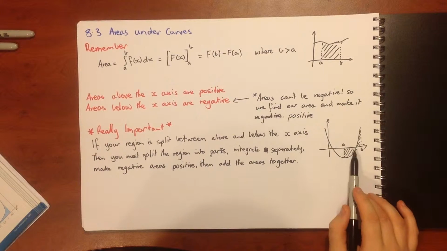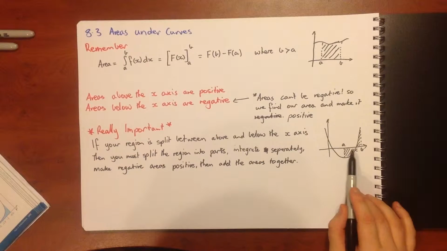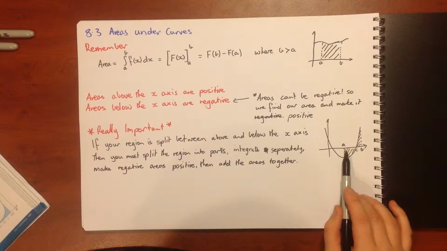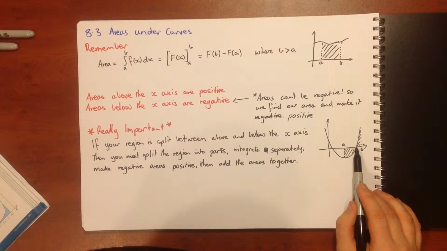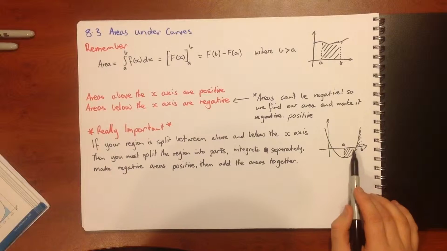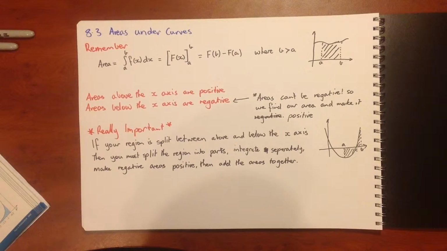So you need to split it and go from a to c, which will be a negative answer, make it positive, then do c to b, and add your two positive areas together.